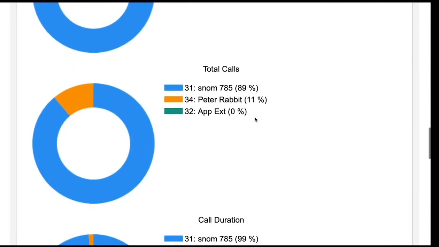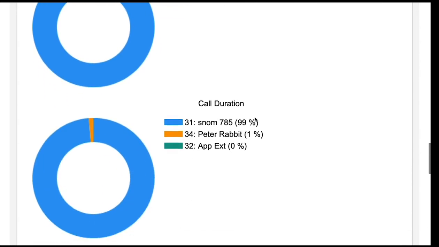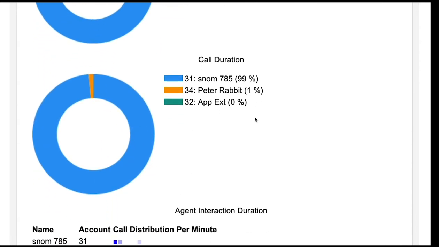Then you can see how many calls were taken in total, just the number of calls, not so much duration. And then we can also see the call duration distribution per agent. Obviously SNOM 785 was talking a lot, 99%, and Peter Rabbit was talking only a little bit.